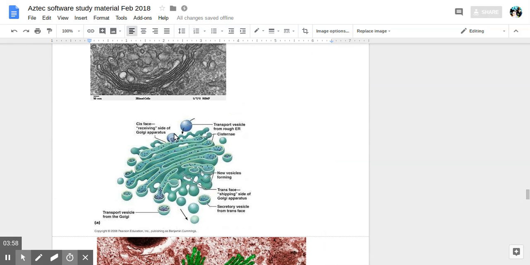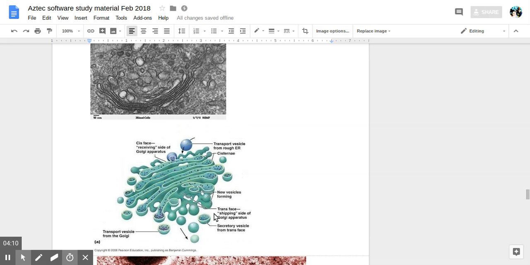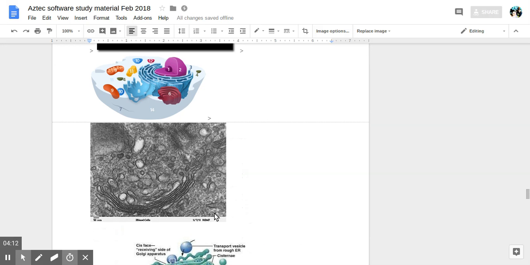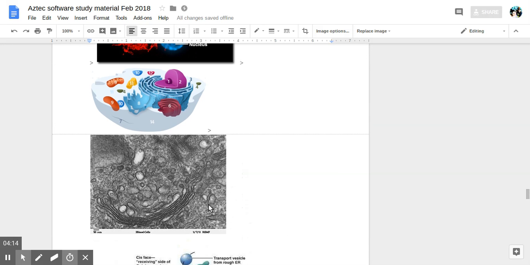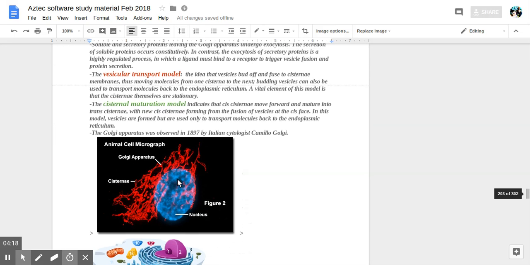So vesicles from the endoplasmic reticulum arrive on the cis phase, or receiving space, and on the trans phase, the shipping site, vesicles come out, taking molecules to their destination.